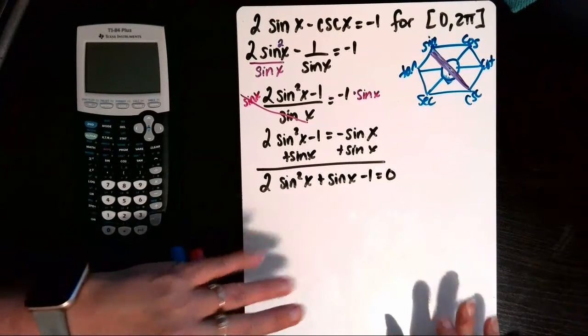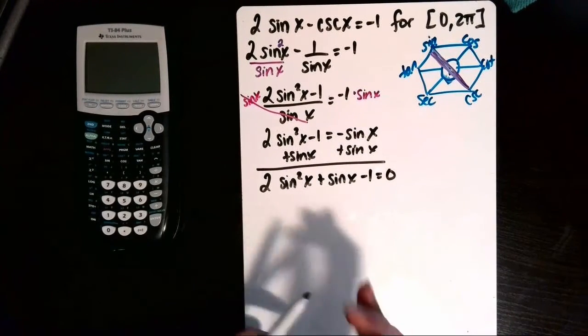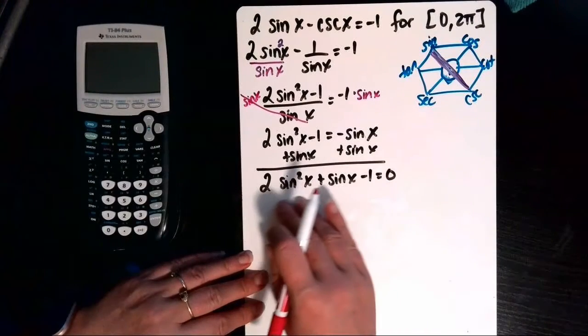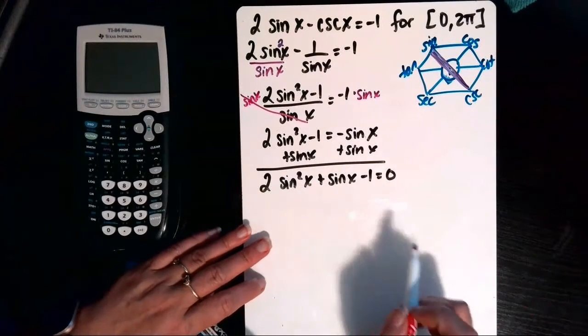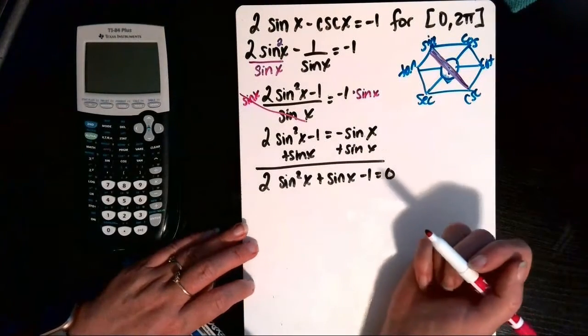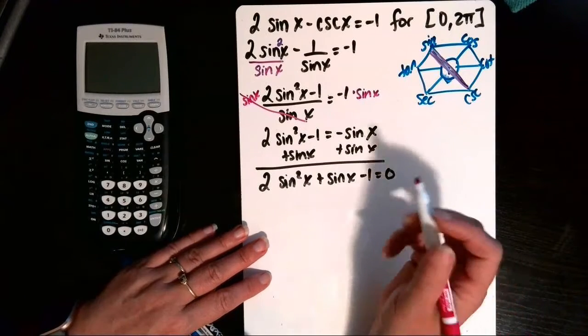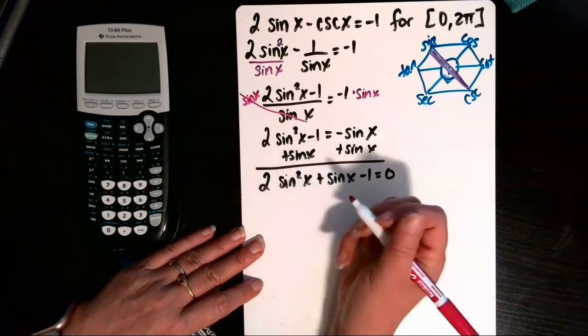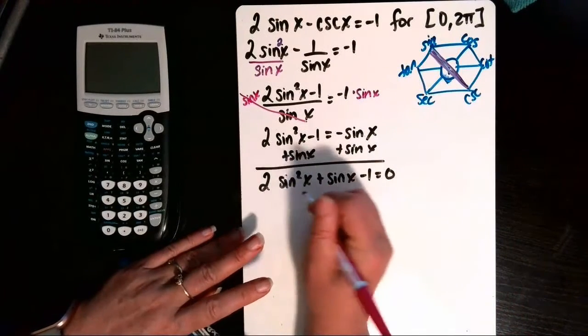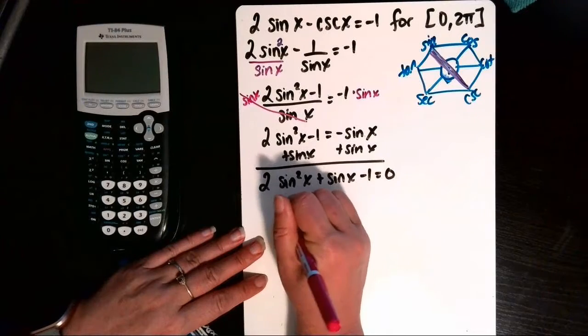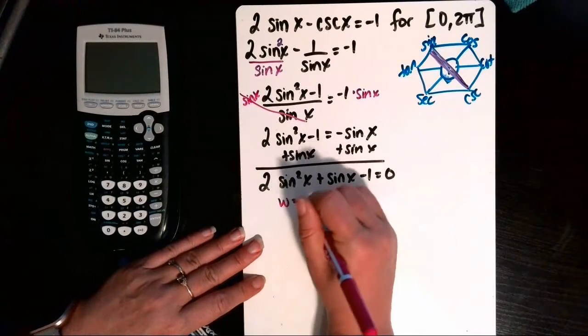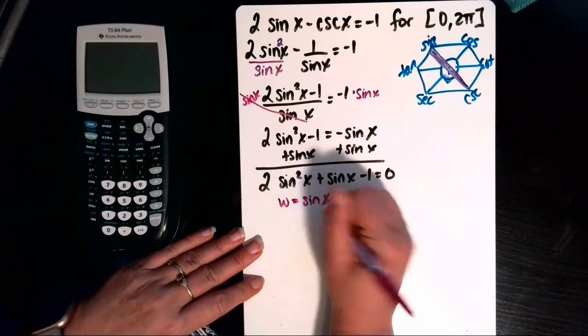Now, if you have a hard time looking at this and seeing how to factor it, which a lot of students will, you can just pick another letter and substitute that for your sine of x. So let's pick a letter W, right? So W is equal to the sine of x.